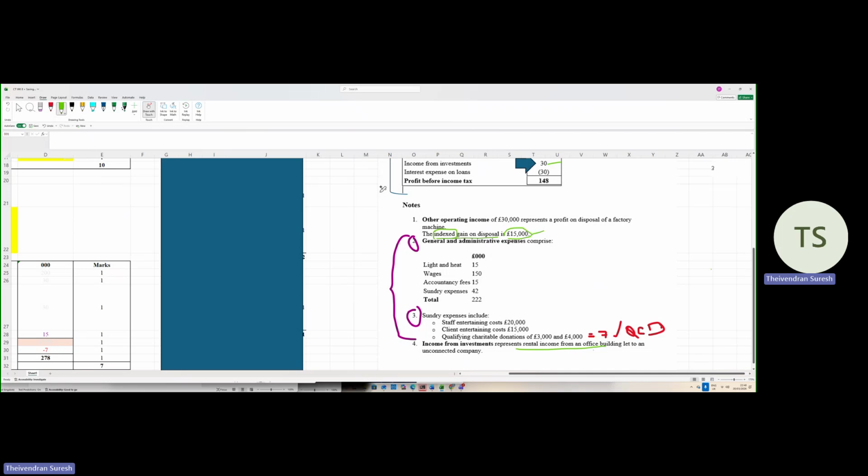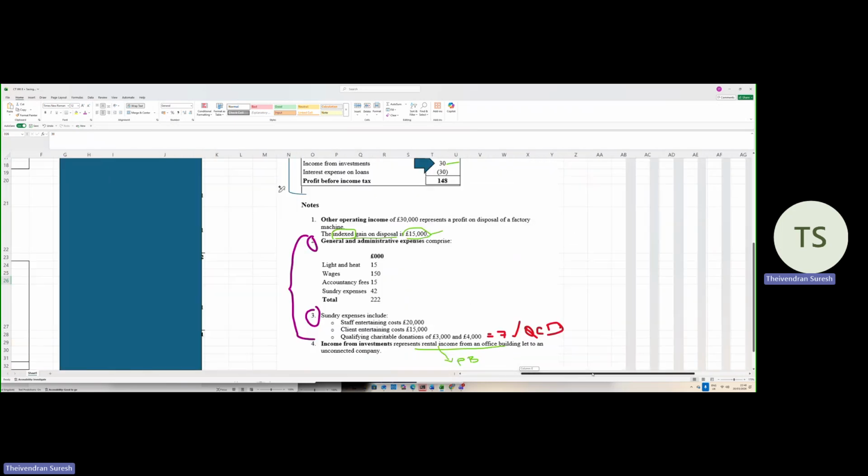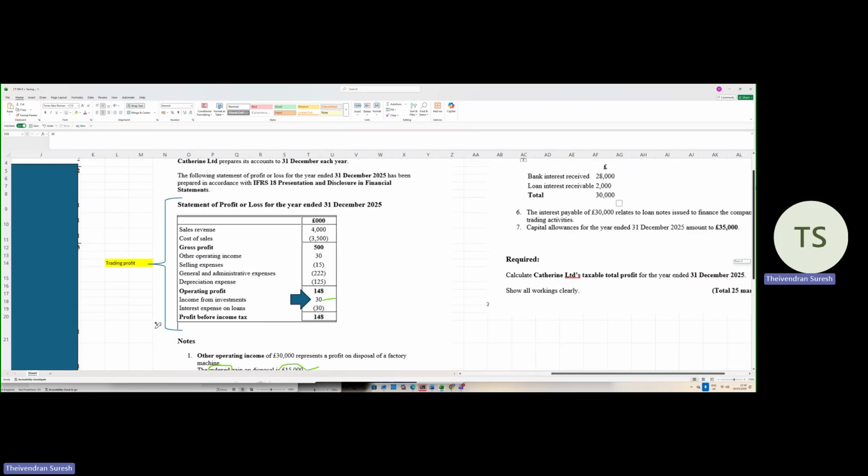So when you say it is a rental income, that shows what we have here is the property business profit, or property business income. So that 30,000 should be shown as property business profit. That's also done. Then move on to the next item.